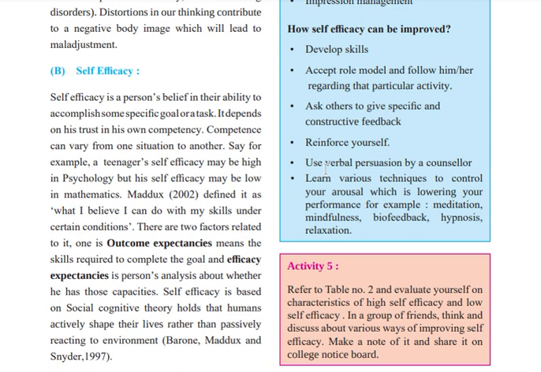The first, outcome, means what kind of skills are required to complete that. The second is what kind of things you have to do to complete those goals.